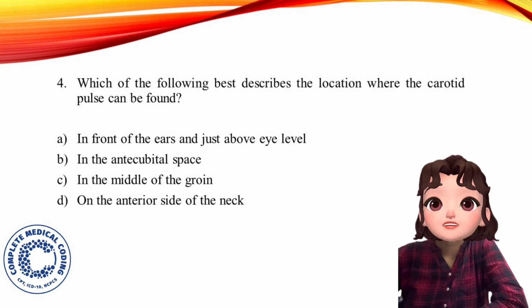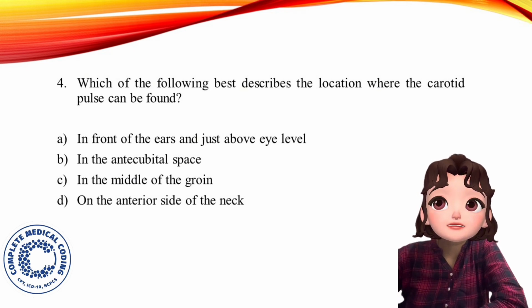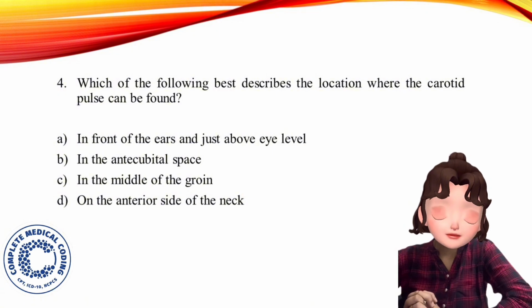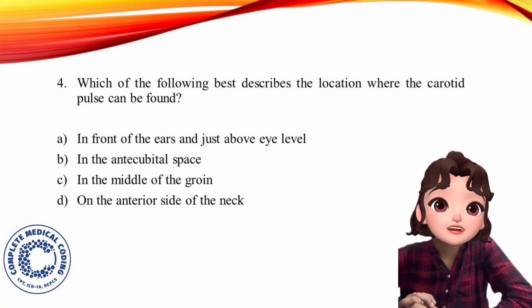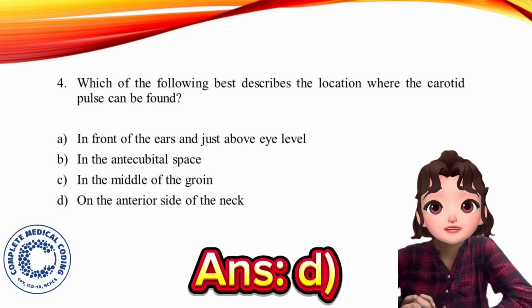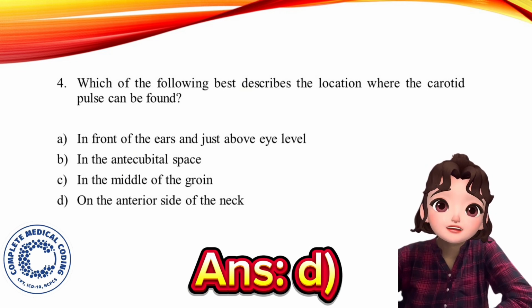Where is the carotid pulse found? The carotid pulse is found on the anterior side of the neck. So the answer here is option D, anterior side of the neck.